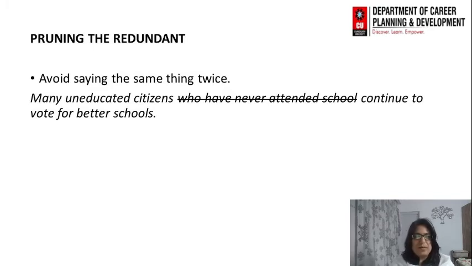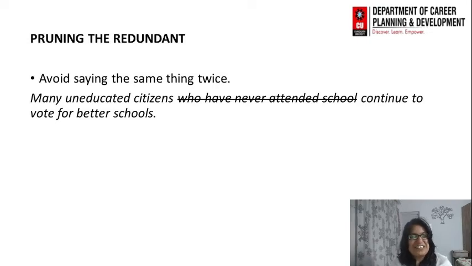So why do we have to say "many uneducated citizens who have never attended school"? That is redundancy. So we have to make sure that we only use words that do not repeat the meaning. A phrase that repeats itself, like "true fact" or "12 noon, I saw it with my own eyes."